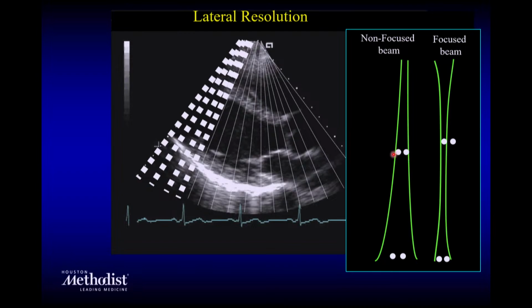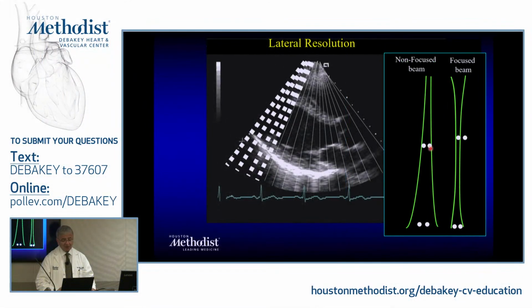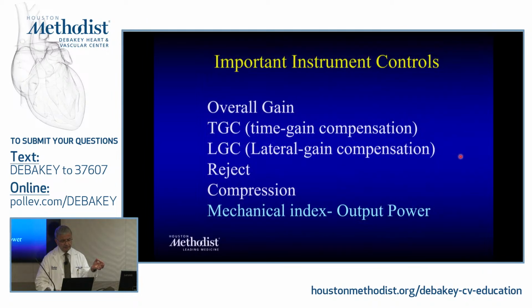So my lateral resolution, can I resolve these two separately, or would one of them be in the beam and one outside? Here I may not be able to tell that they're different. Here I will be able to tell they're different because I'm focusing the beam and it's much smaller than the other, okay? So remember, the frequency, axial resolution, lateral resolution. Okay?